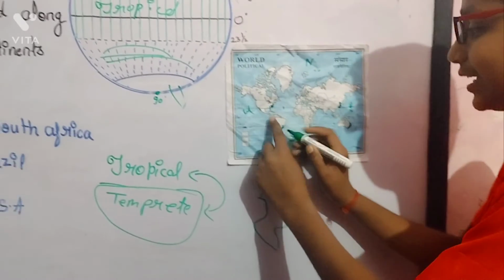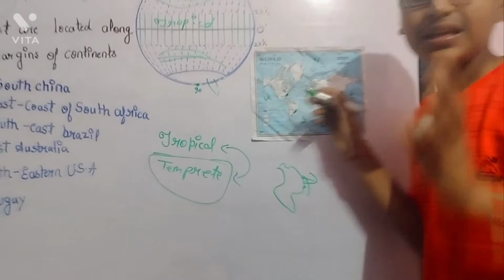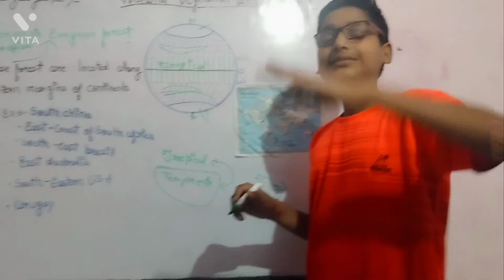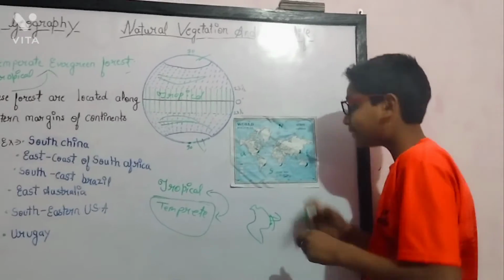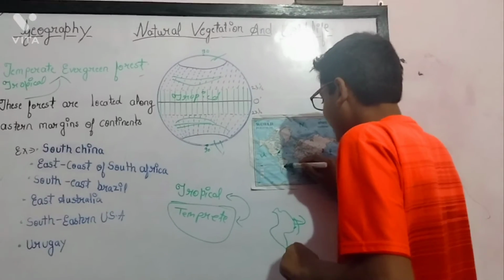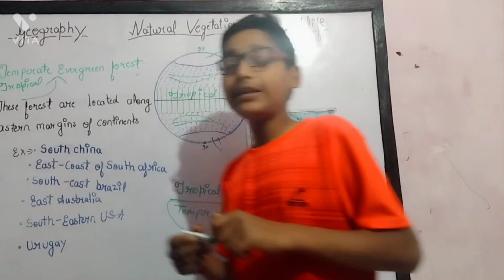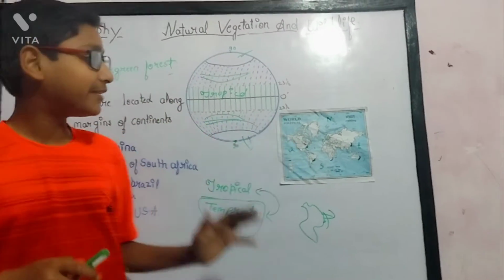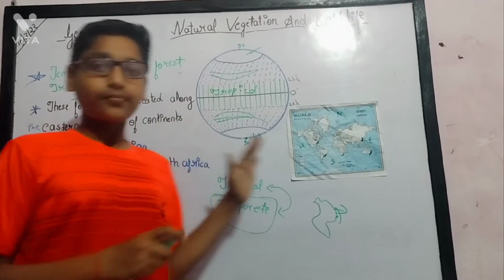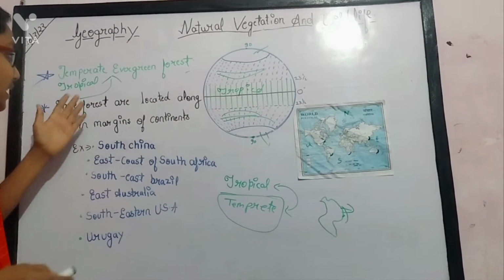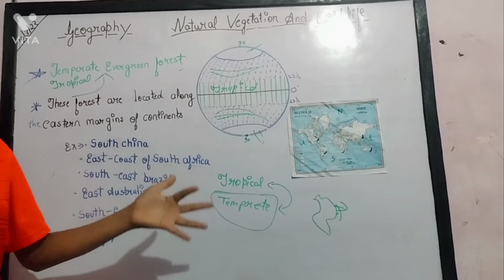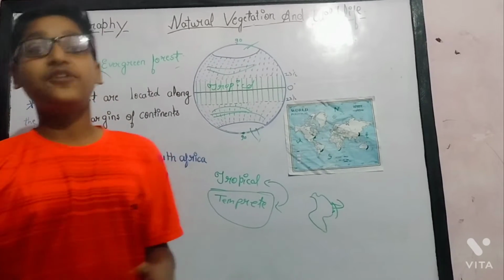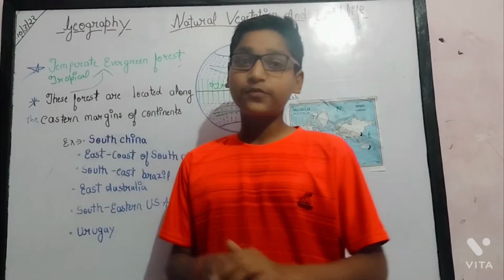As you can see, just below Brazil is Uruguay, and it is the best place where temperate evergreen forest can lie. So I hope you have understood where these forests can be situated and some places where these forests are situated. Now let's see the vegetation and wildlife of these forests.